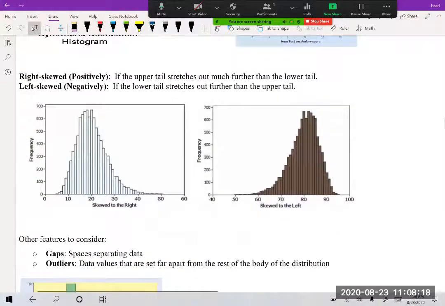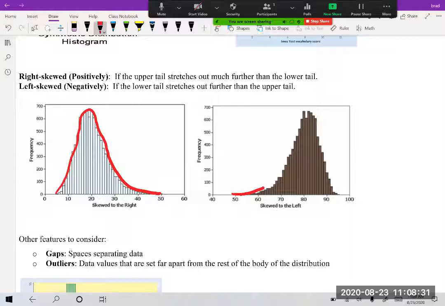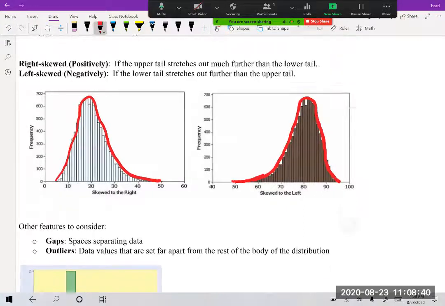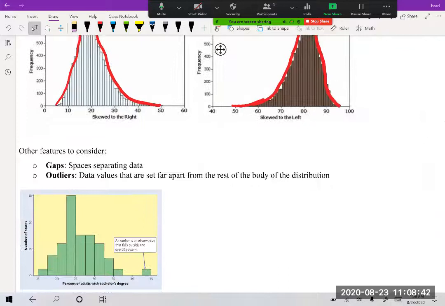Now we come over here, this one, if we draw this, it looks like the tail on the right is a little bit longer, so we say that it's right skewed. If we draw this, it looks like the tail on the left is a little bit longer, so we say left skewed. Okay, hopefully that makes sense to everybody.